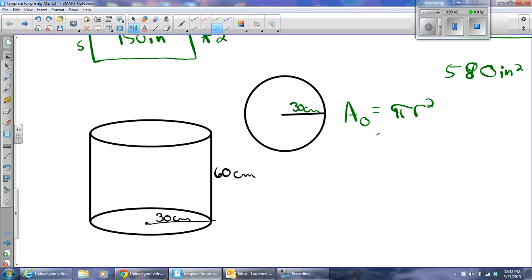So I'm going to use my approximation for pi, 3.14 times 30 squared. And that's going to be approximately equal, because remember, I'm not actually using pi, I'm using a close approximation for pi, to 3.14 times 900, and I'll get 2,826.